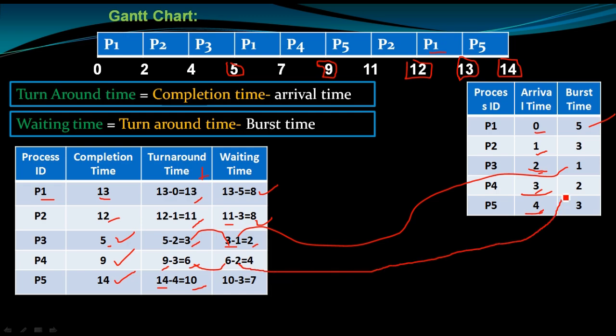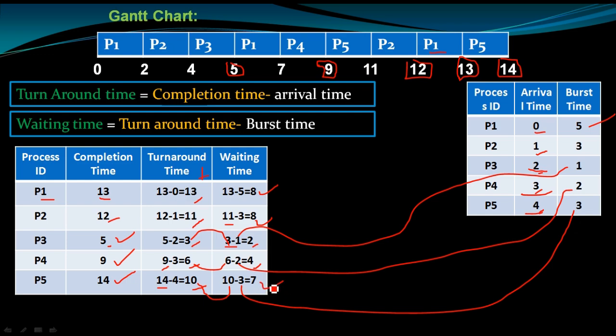So 6 minus 2 equals 4. 4 is the waiting time. For the P5 process, the turnaround time is 10 nanoseconds, and the burst time is 3, which is mentioned in the table. So 10 minus 3 is 7. 7 is the waiting time.